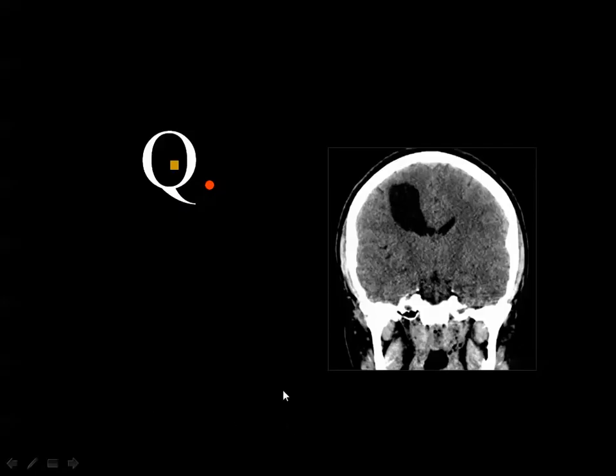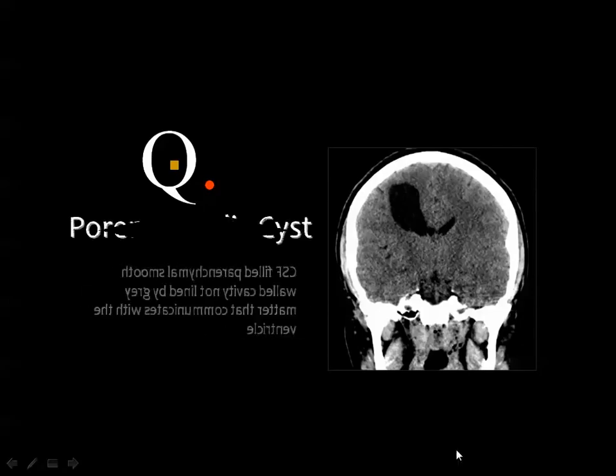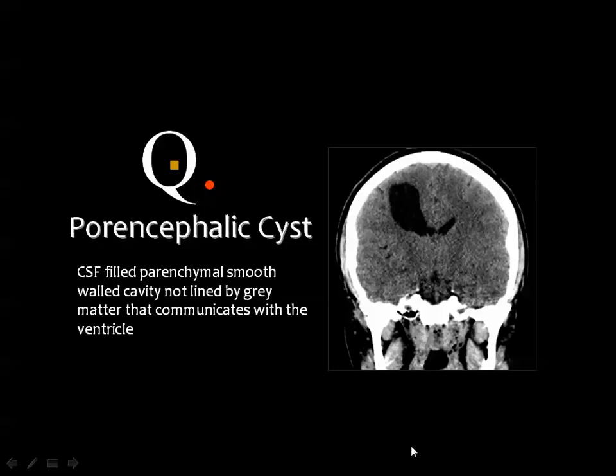Showing a cystic CSF containing lesion in the right frontal area connected directly to the adjacent part of the right lateral ventricle. Diagnostic of porencephalic cyst. No evidence of surrounding perifocal brain edema or mass effect or enhancement.